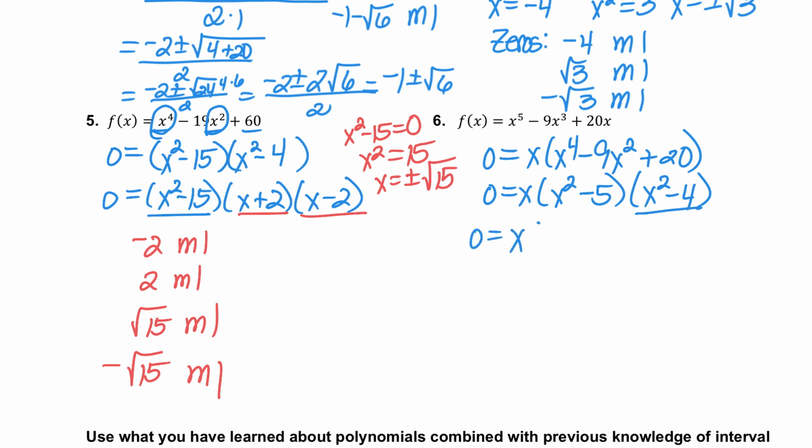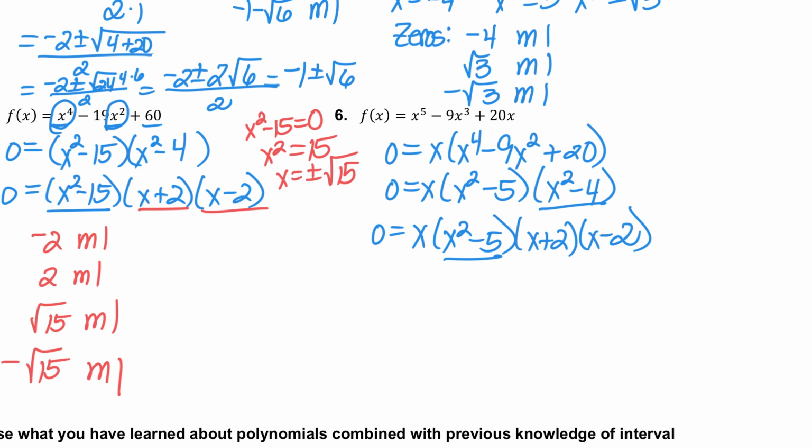So I have x times x squared minus 5 times x plus 2 times x minus 2. Okay, I'm going to have to set this one equal to 0 again to see what we come up with there. So I have x squared minus 5 equals 0. So x squared equals 5. Take the square root, which gives me a positive and negative. And there's my roots from the x squared minus 5.